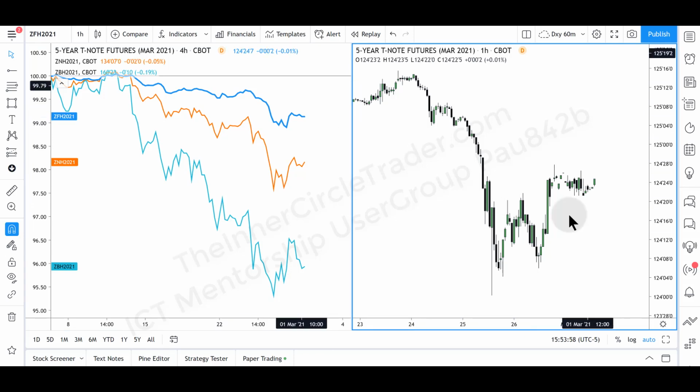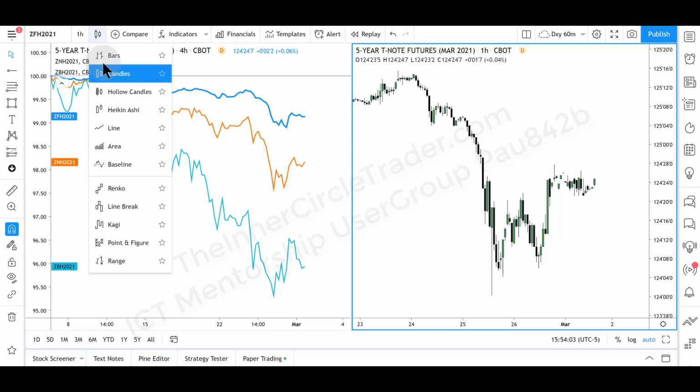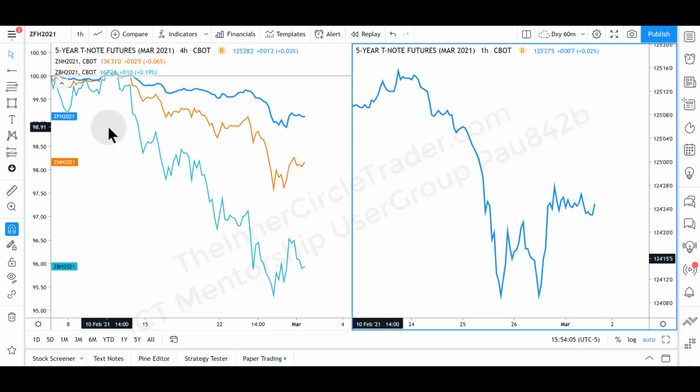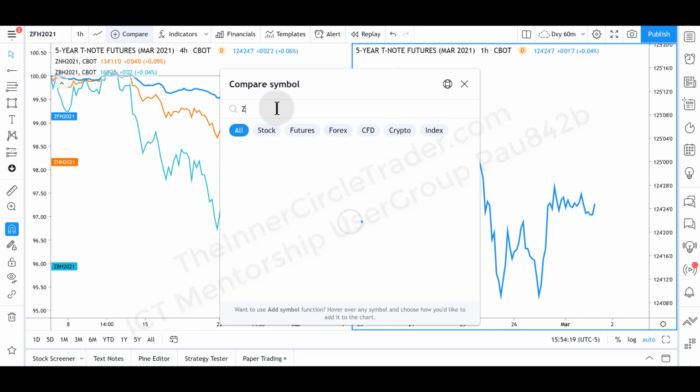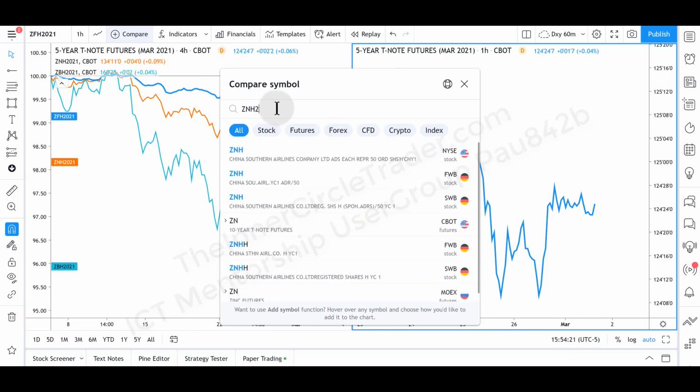But anyway, the 5-year note futures, you pull it up this way, and then while this box is highlighted, if you have a split screen, you're going to go over here and click on this and go to line. Okay, you see that? Now, while you're still with this chart highlighted, you're going to click on the compare tab here. And then you're going to type in this symbol right here, ZNH2021.